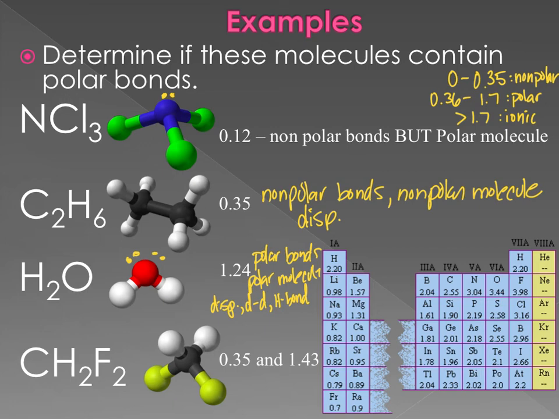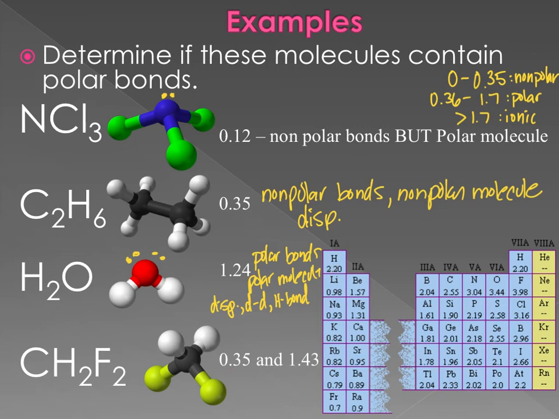And our last example down here, we have carbon as our central atom. We have hydrogens, and we have fluorines down here. So here we are going to have two different types of bonds. With fluorine we have 3.98, and then carbon, 2.25, so a difference of 1.43, and then carbon to hydrogen, a difference of 0.35.